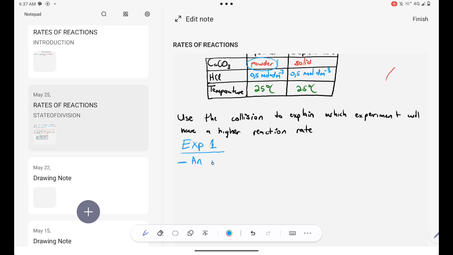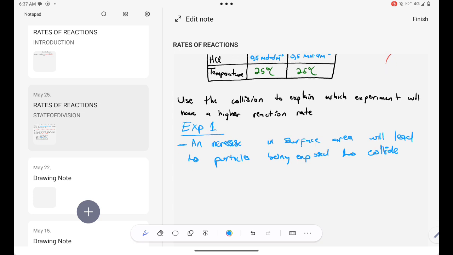An increase in surface area will lead to particles being exposed to collide with other reactants to form effective collisions.